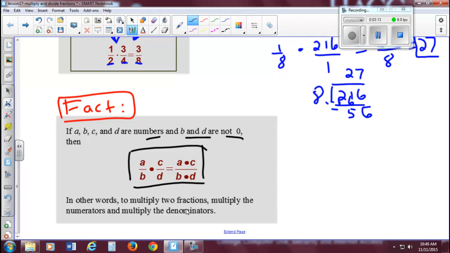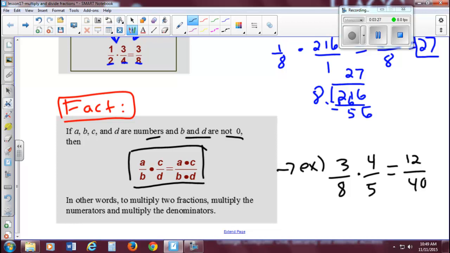So we'll just try one more of those. If you have 3/8 and you want to multiply that with, let's say, 4/5, you travel straight across and you say 12 over 40, and that's great. I always say if you put that on a test, I'm happy. It's just that it's not reduced. It's right, it's just not reduced.